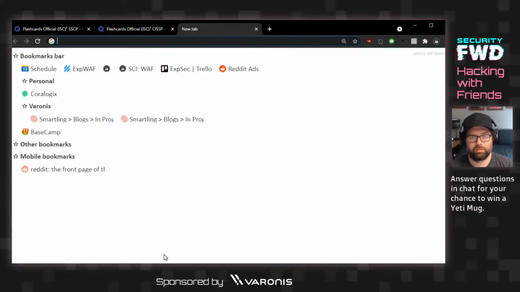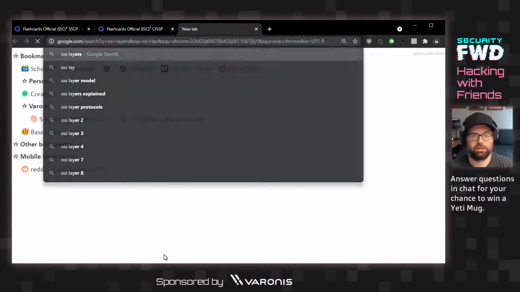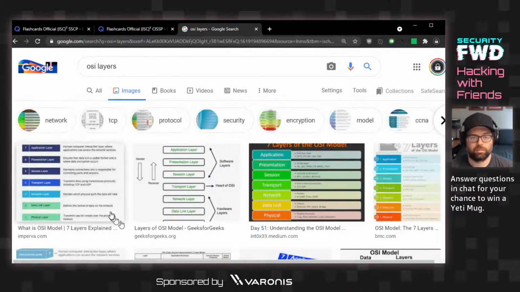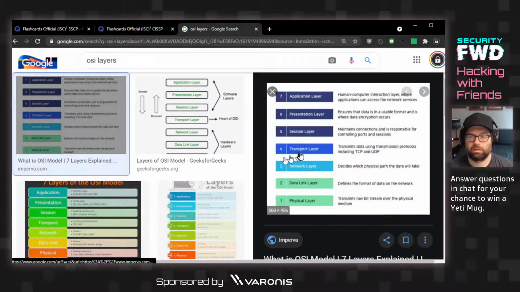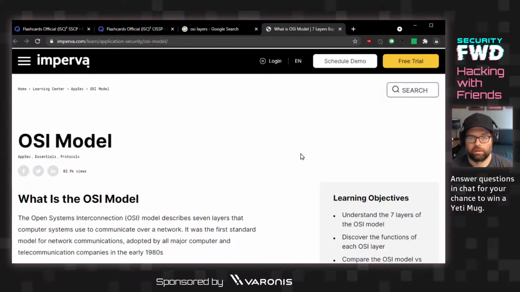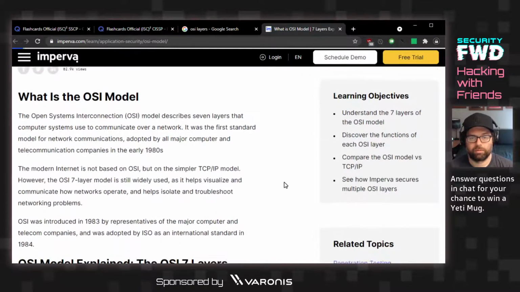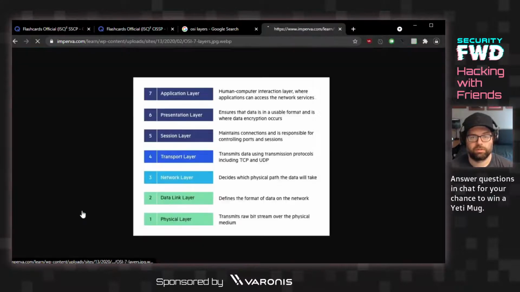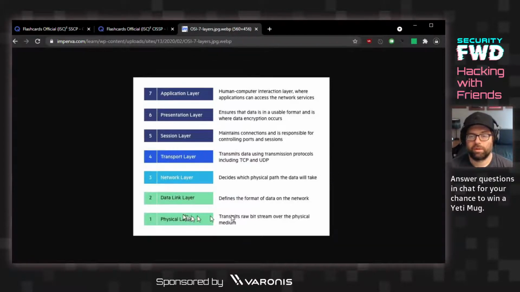All right, let's see. OSI layers. And let's look at images. From our friends at Imperva. All right, layer 1 is physical. We're just going to keep this tab up. Yeah, layer 1 is physical. That's right.